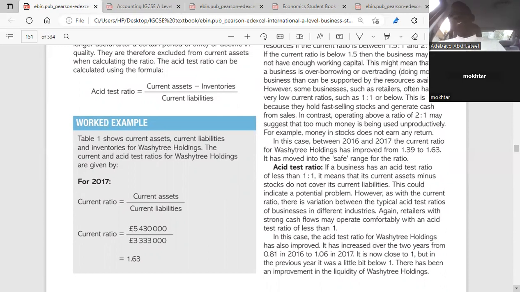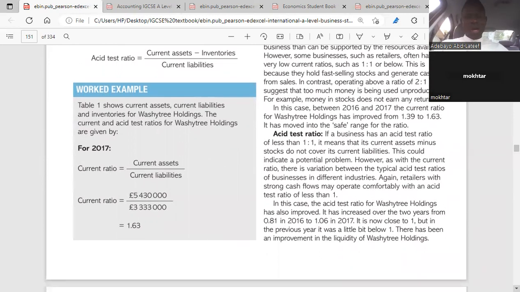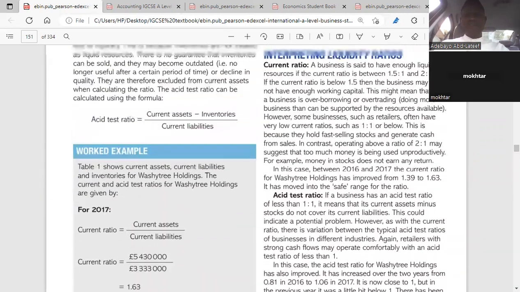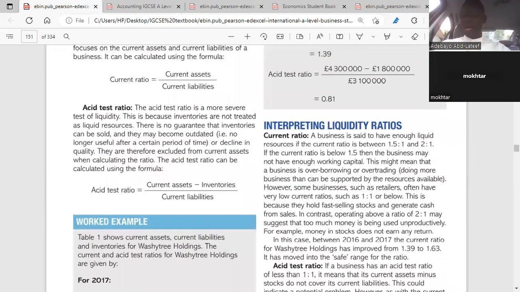So how do we interpret liquidity ratios? Before we go to the case study, the interpretation of it. I wrote, a business is said to have enough liquid resources if the current ratio is between 1.5 ratio 1 and 2 ratio 1.